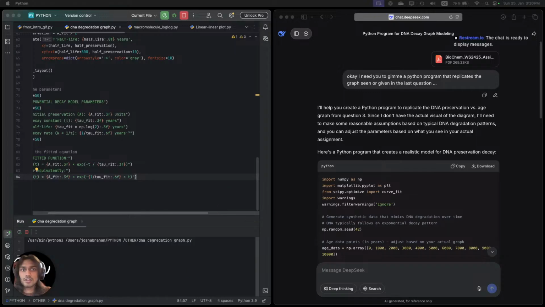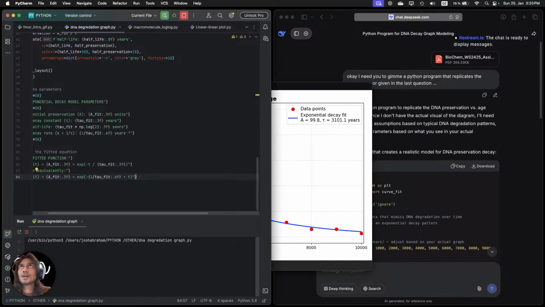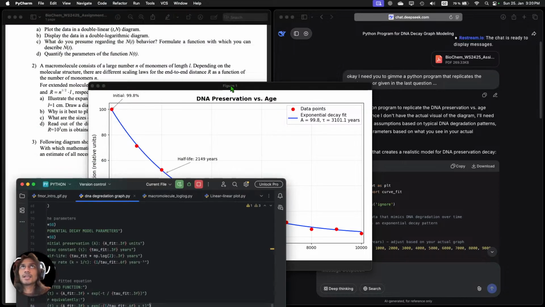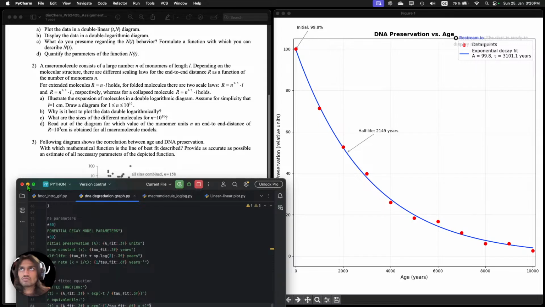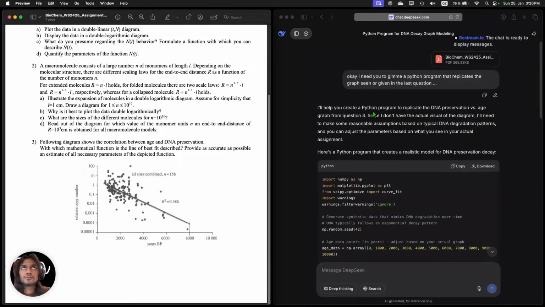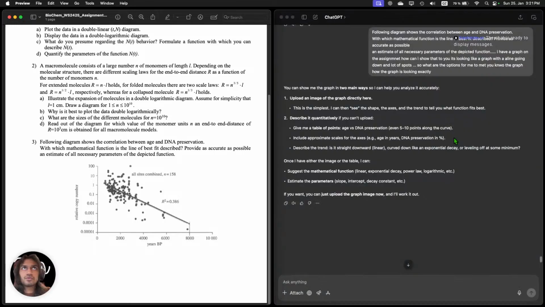Nah, that's not it. That's not it. Data points. Not good enough.